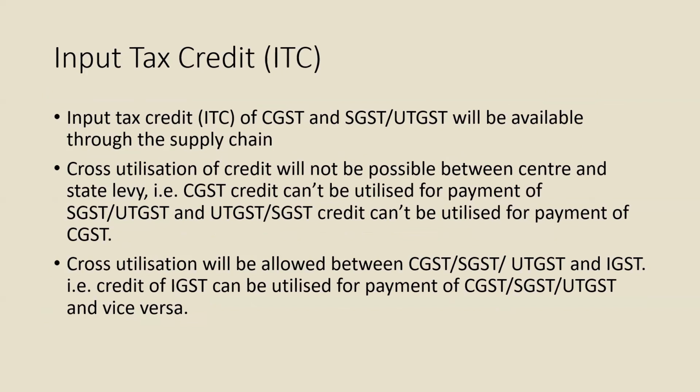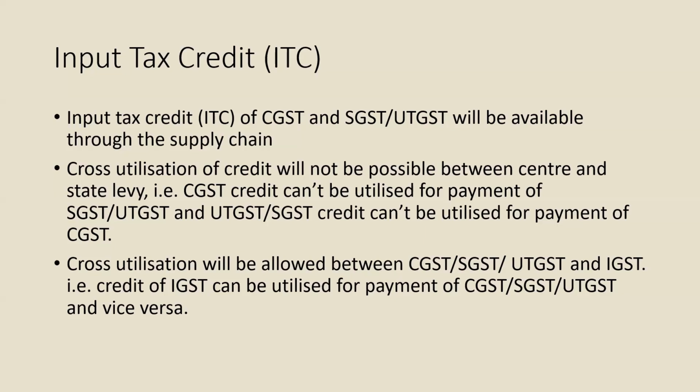We have already seen in the first slide that GST means intrastate CGST and SGST, and interstate IGST. So based on purchases, sales, and everything, you will have input credit in all these three streams: IGST, CGST, and SGST.